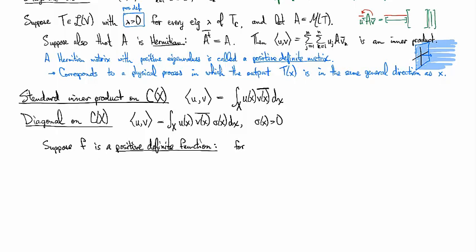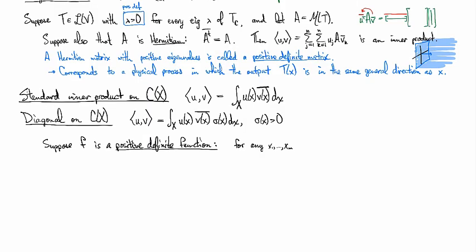So, more precisely, if we take any finite set x1 through xm in the domain, and we define a matrix to have jkth coordinate equal to f of xj minus xk, then we get a positive definite matrix. And you would think that sounds like a crazy condition. How on earth are you possibly able to check such a thing?